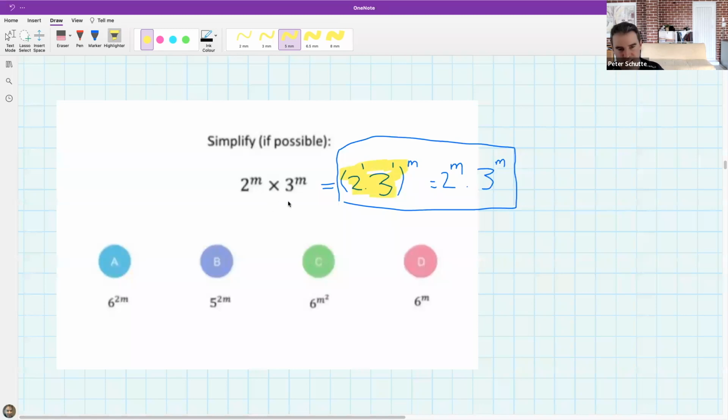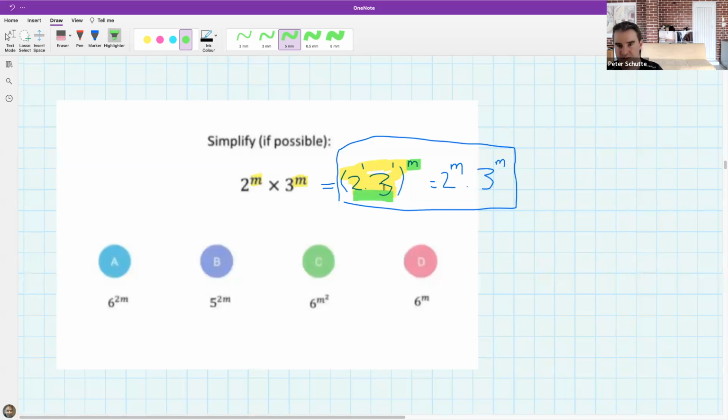So what you need to see is that when the exponents are the same, you can move that m outside the bracket. It's almost like law 3 in reverse. You can take the power outside the bracket, and then it allows you to give some quality attention to what's in the bracket.